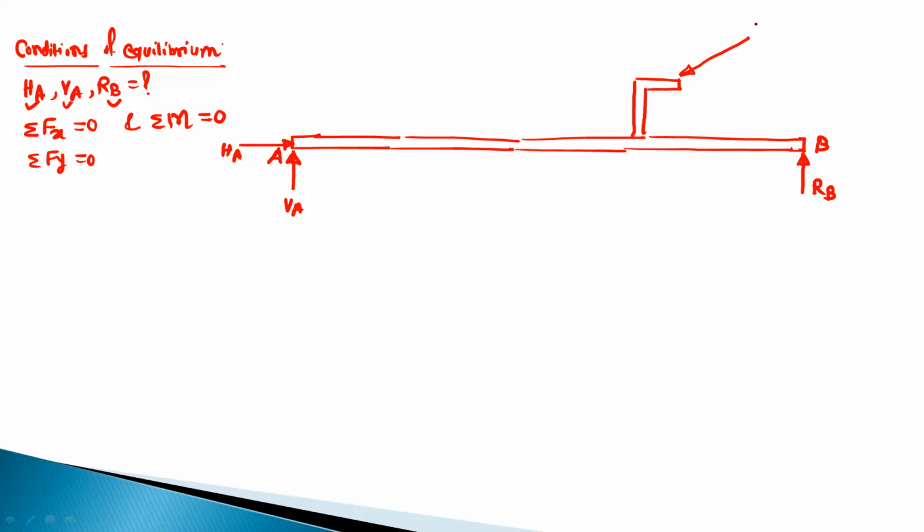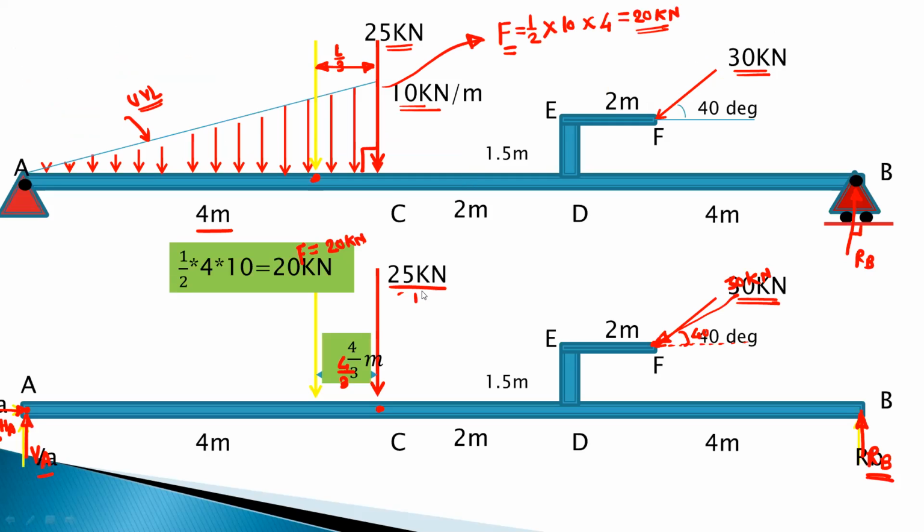And this is the point load of 30 kilonewton acting at 40 degree. This is the point load, 25 kilonewton.